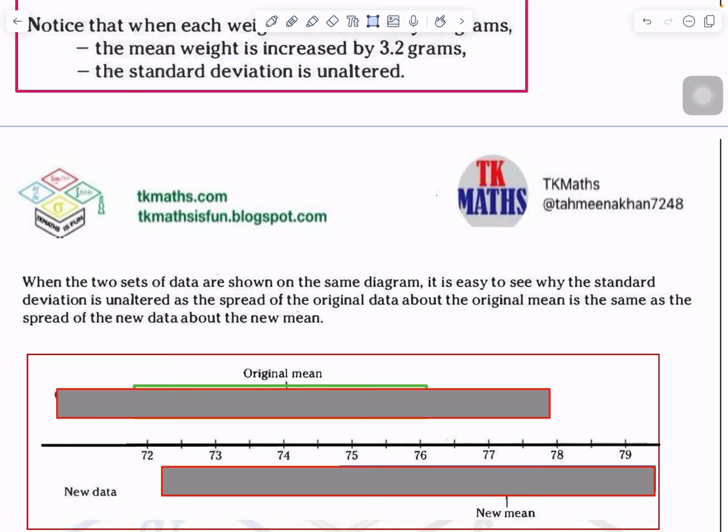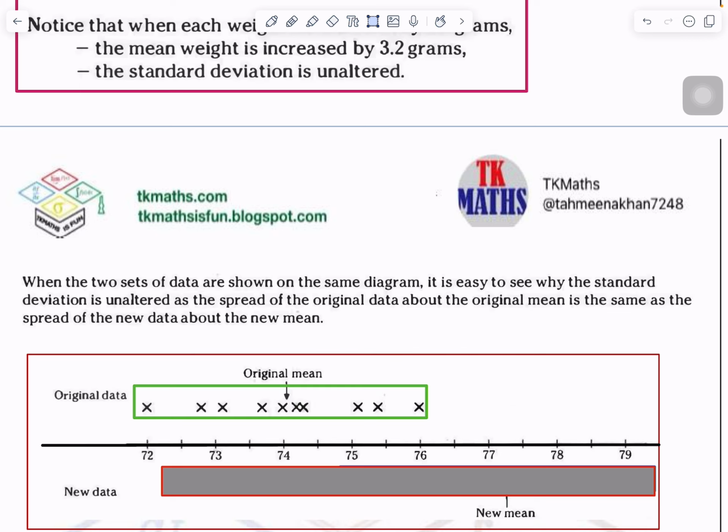And if I try to explain it to you with the help of an example diagram, you can see here. On the number line, look at the marking of the original mean, look at these crosses in the box. The standard deviation is basically the deviation from the mean, right?